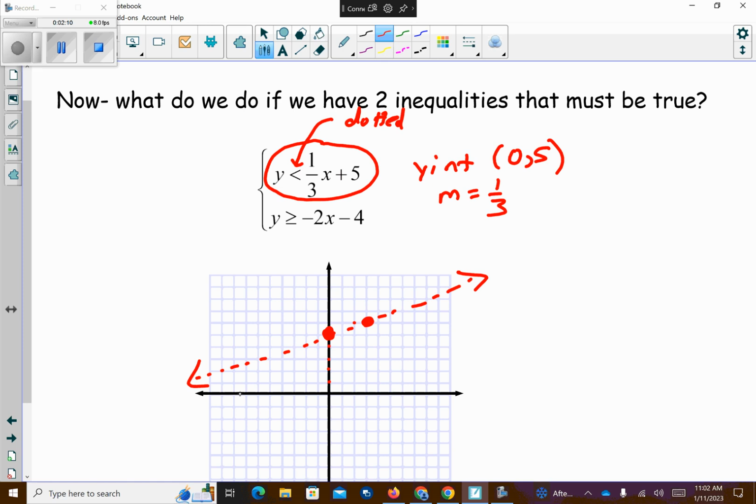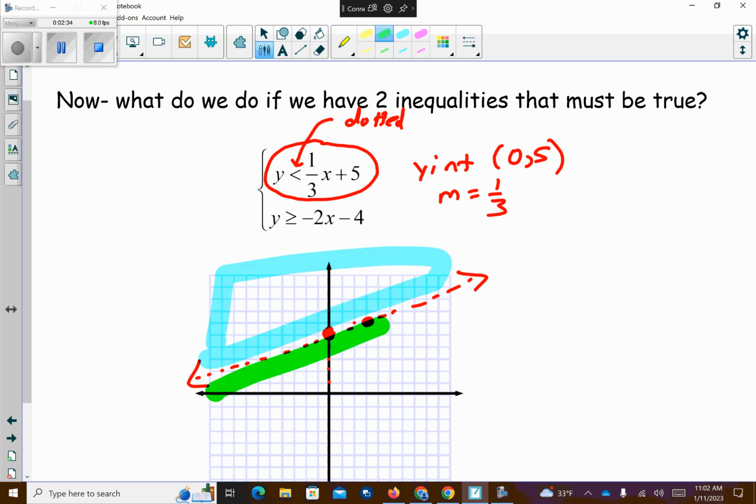Now, if I were to make the statement that there is a region that's below this graph and there's a region above this graph, do you agree with that statement? What I mean is this. If I were to break out my highlighter, I have the region up here and I have the region down here.